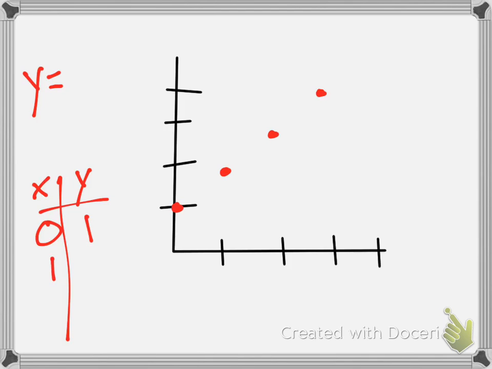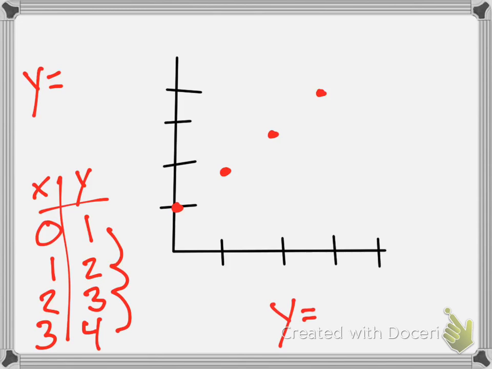What about when x is 1, 2, and 3? 2, 3, 4. So in this case, how much am I going up each time? I'm going up by 1. So I know it's going to be y equals 1x or simply x.